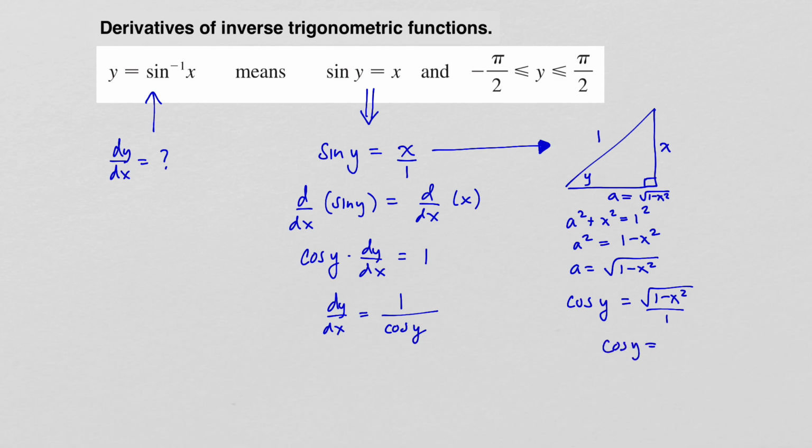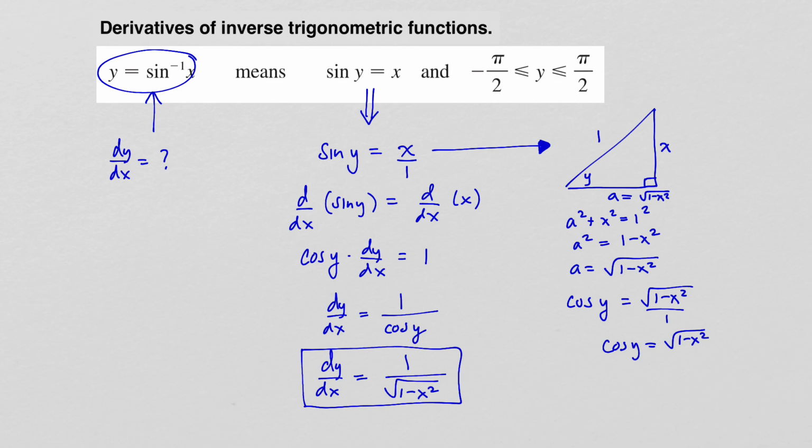And so cosine of y is the same as the square root of 1 minus x squared. Now, because of that fact, I can take the square root of 1 minus x squared and put it in place of cosine of y. And we get dy dx is equal to 1 divided by the square root of 1 minus x squared. And that is the derivative of the inverse sine.